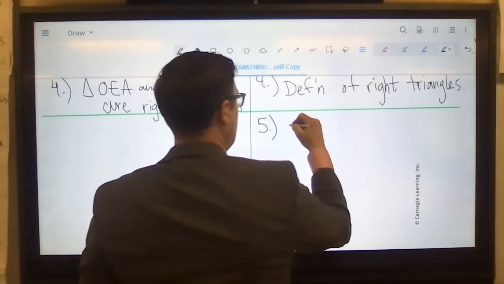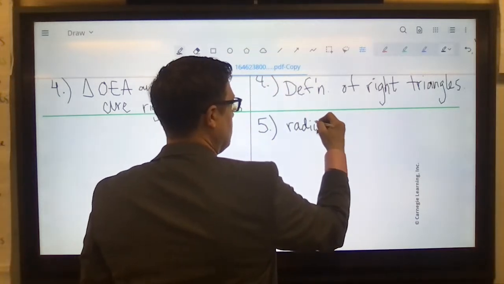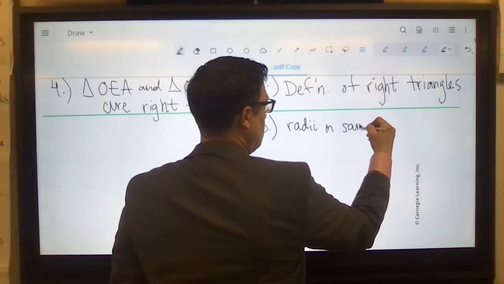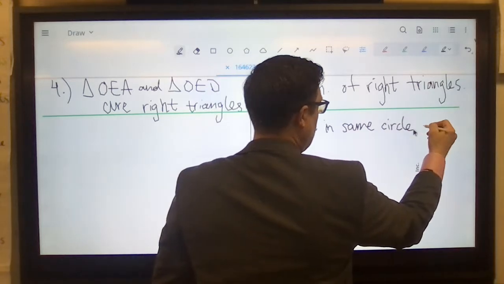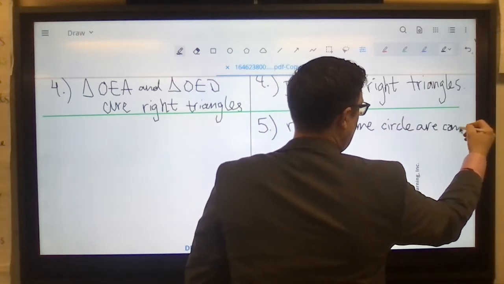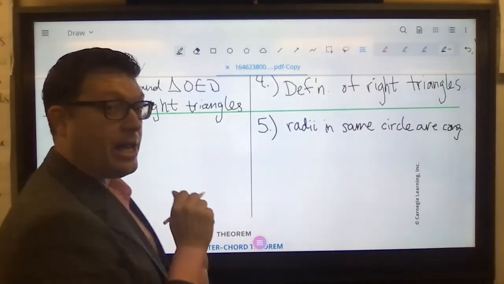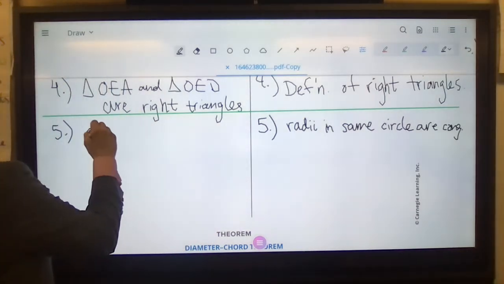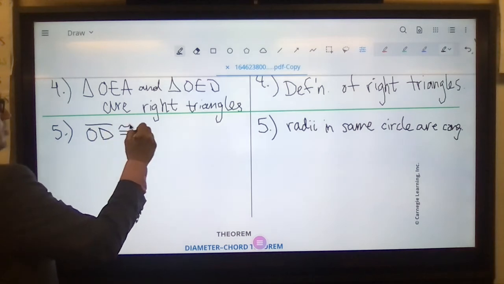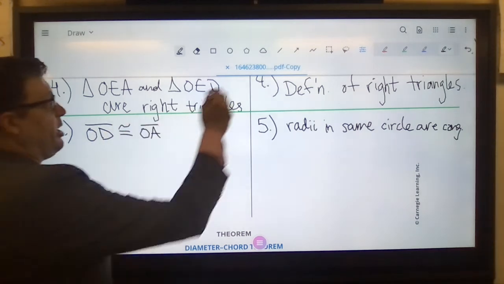Radii in a circle are congruent. That is, OD and OA are congruent.